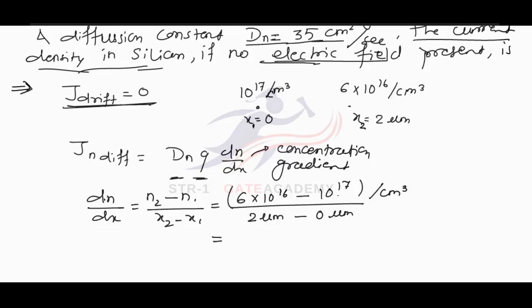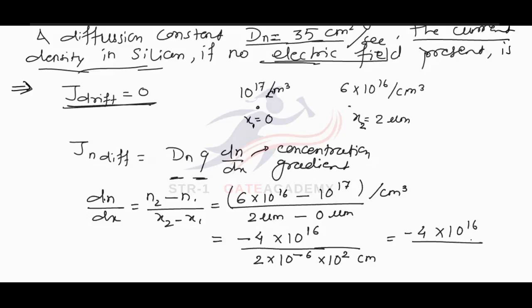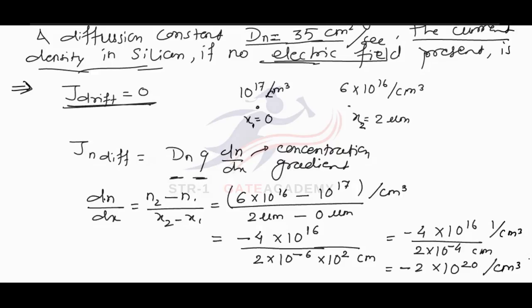First we calculate the numerator, and it comes out minus 4 into 10 raised to power 16, divided by 2 into 10 raised to power minus 6 meter into 10 raised to power 2 centimeter. So it will be minus 4 into 10 raised to power 16 divided by 2 into 10 raised to power minus 4 centimeter, and this will come out to be minus 2 into 10 raised to power 20 per centimeter cube.